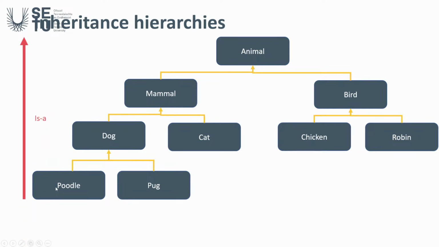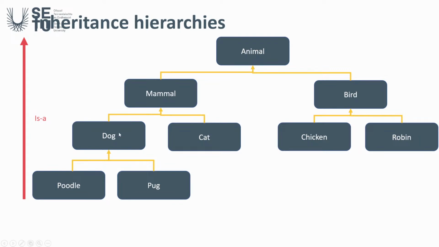But we use the is-a relationship. So we say a poodle is a dog is a mammal is an animal. A chicken is a bird is an animal. A robin is a bird is an animal. So we read from the bottom up, and we use the is-a.